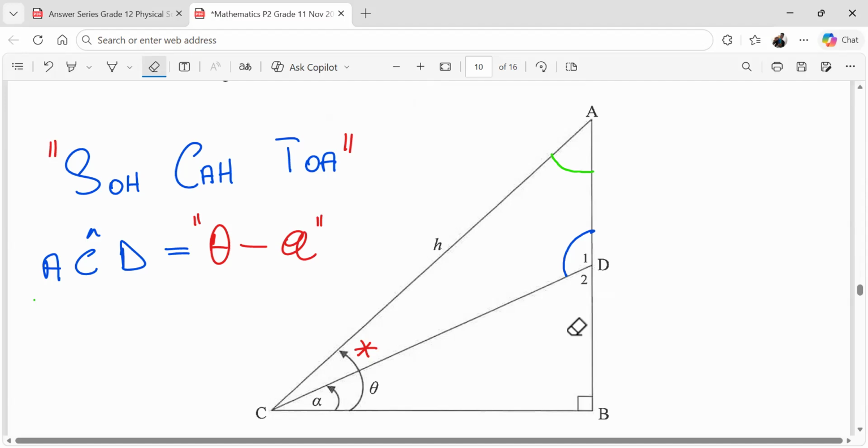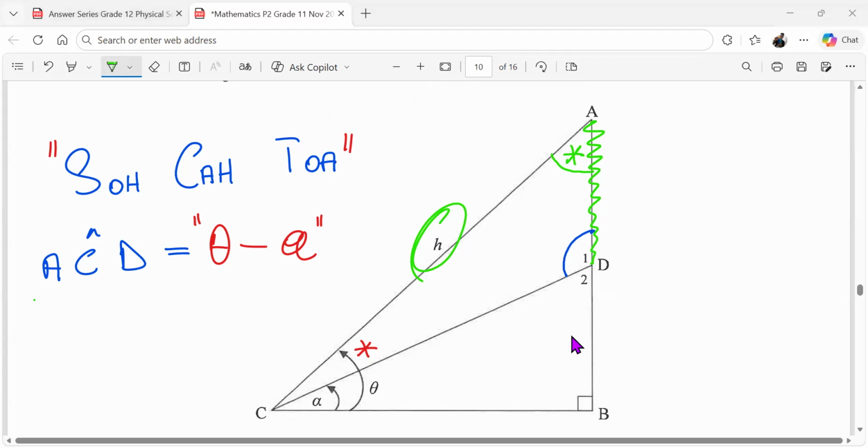Very well. We now know the length of AC because it's given to us, right? And we also know the length of AD. We just calculated it. So this means we just need to know the size of angle A then, and we should be fine.